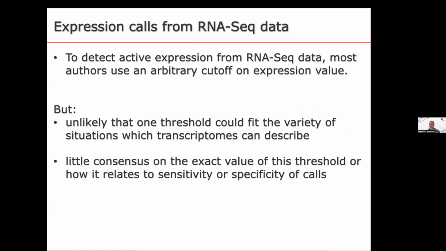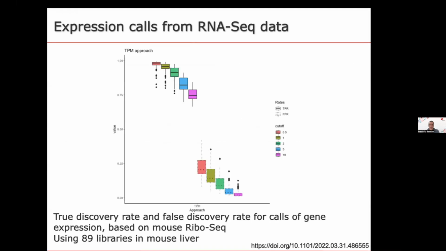What we see in Bgee data is that there is a large variability in the gene expression values between different experiments, and it's unlikely that there is one threshold that could work for all experiments in all different conditions. And again, when you look at publications, there is little consensus on what value you should use for such a threshold. So in RNA-Seq data, as I said, usually authors define an arbitrary threshold at 2 TPM. This is what I see in most cases.